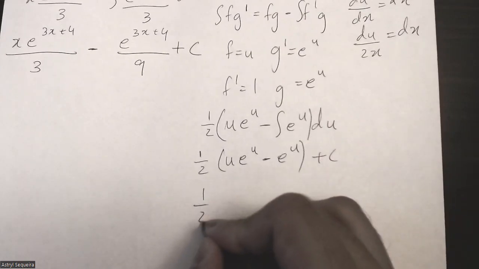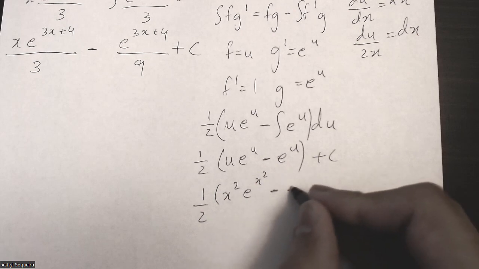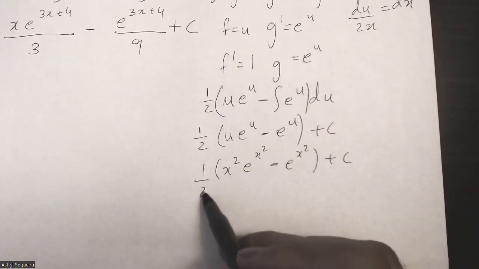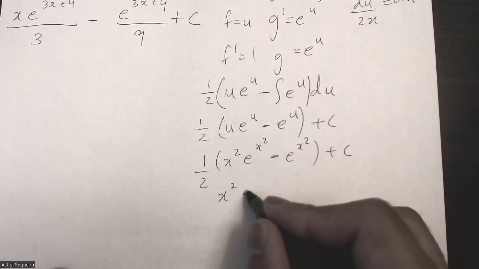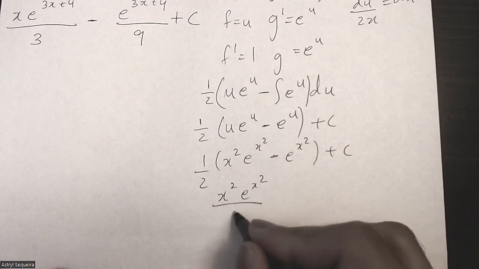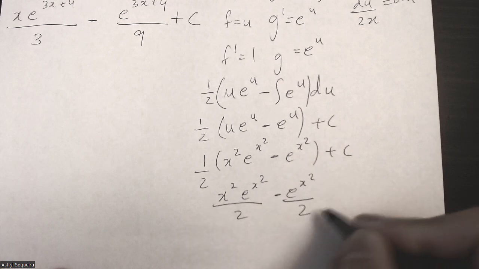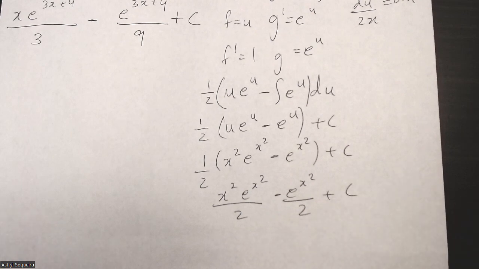So I have 1 over 2 times x squared e to the x squared minus e to the x squared plus c. And then I'm finally just going to multiply this 1 over 2 into this bracket. So I have x squared e to the x squared over 2 minus e to the x squared divided by 2 plus c, and that is my final answer for this one.